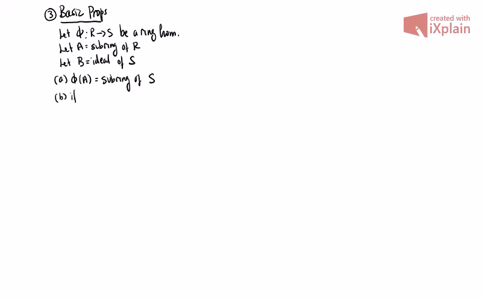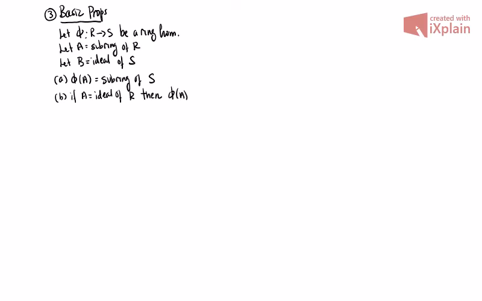Now, if A is also an ideal of R, it would be tempting to say that phi of A would be an ideal of S, but it actually isn't necessarily. It's a homework question to give an example of one that isn't.